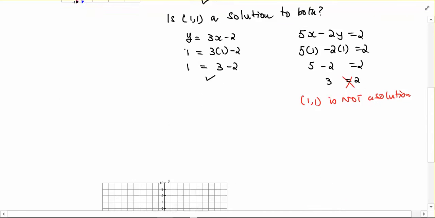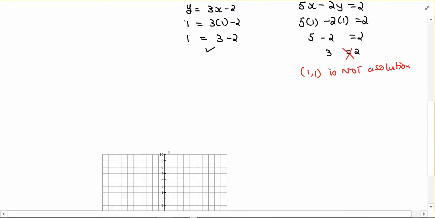So let's see if you can answer the following question. Find where x plus y equals minus 1 and y equals 2x minus 7 meet.